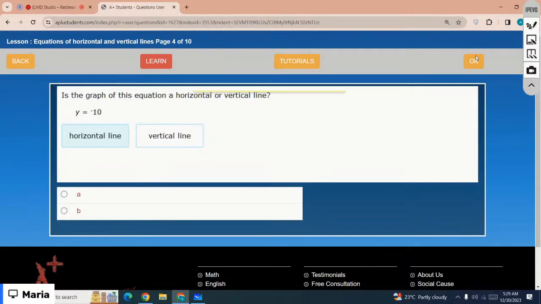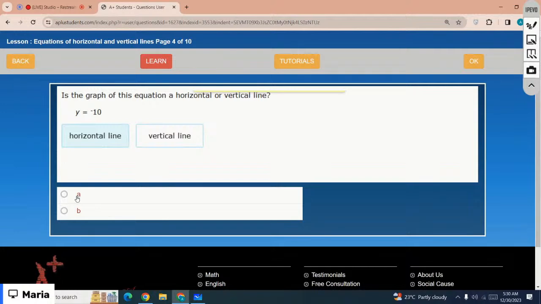So the correct option is that must be a horizontal line.